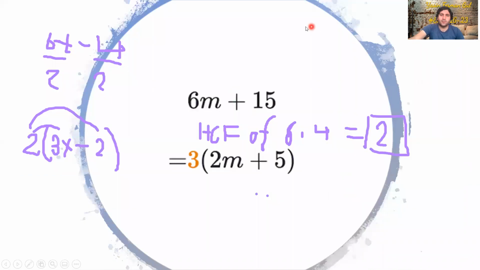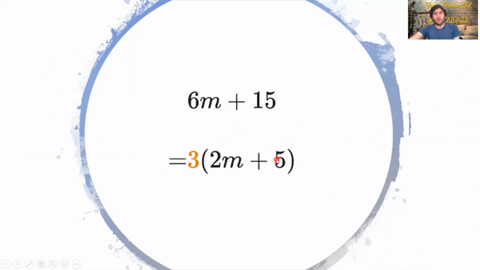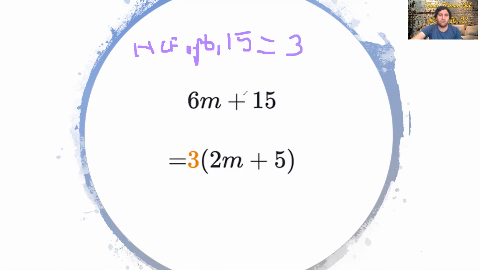There's another example here. 6m plus 15. I'm going to look for the common factor first, the highest common factor, HCF of number 6 and 15. That is going to be 3, because 3 is the highest common factor of number 6 and number 15.